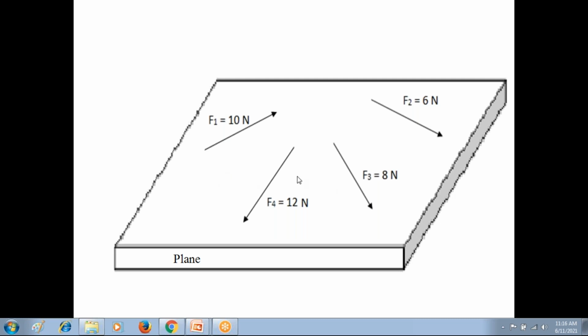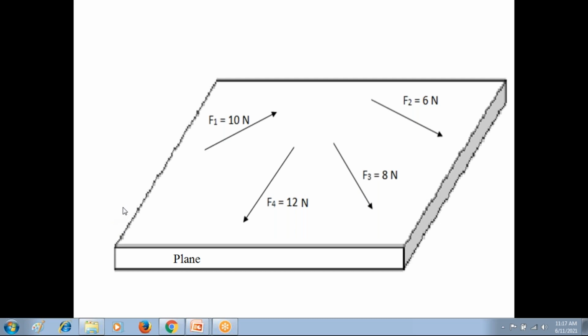That indicates the collinear force system lies on the same plane, because the lines of action of all forces lie on the same straight line. So the collinear force system is also the coplanar force system.